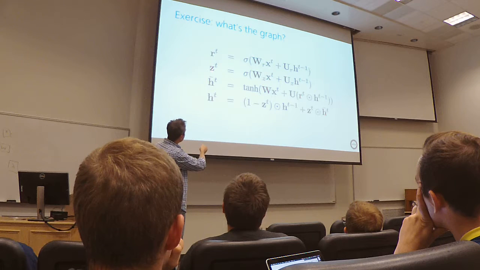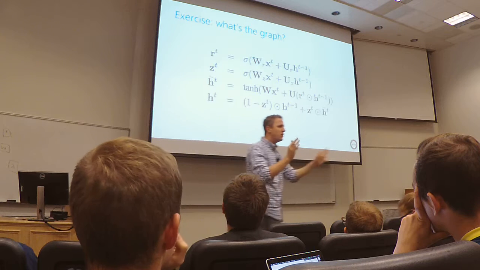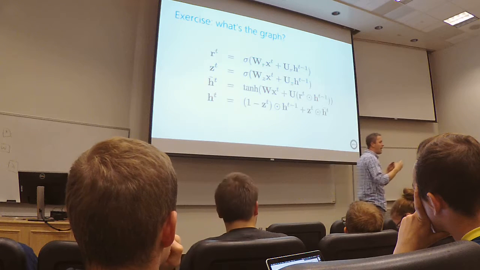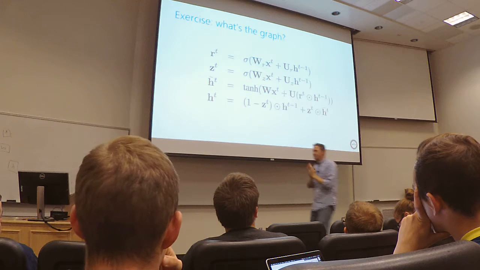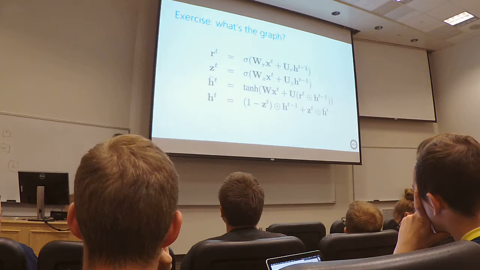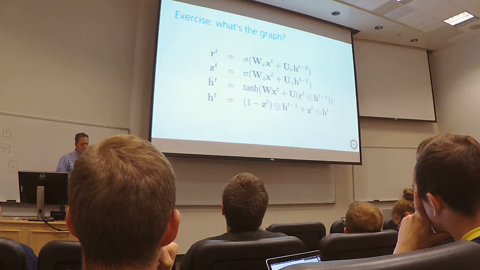There's a ZT, and ZT depends on the XT, the W, and the HT, and this HT depends on these things, and you can sketch it all out. That's all I wanted you to think about: how things depend on each other. So that's the idea of a computation graph. The reason this is significant for deep learning is that we'll use it to help us calculate derivatives efficiently.